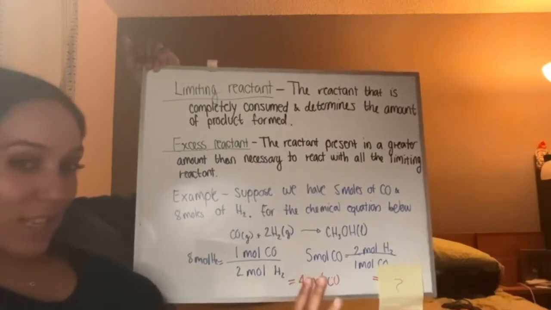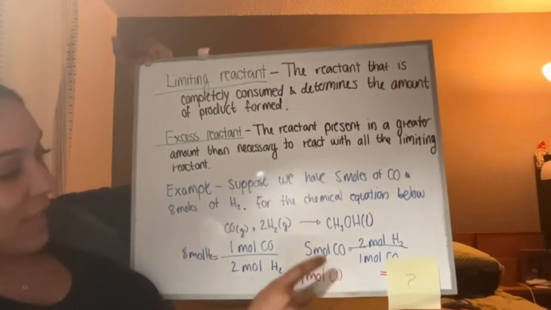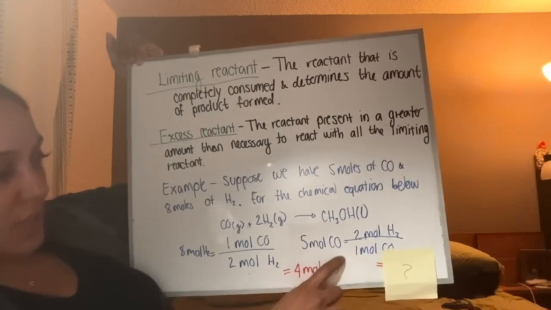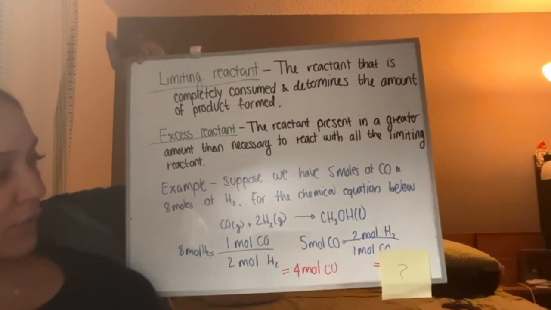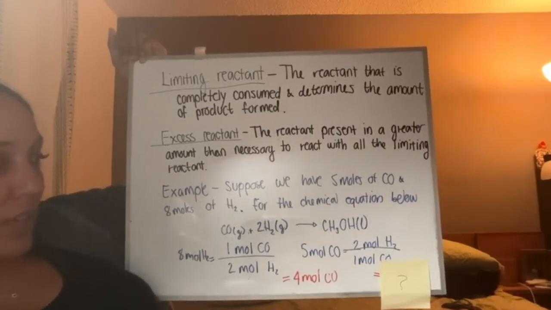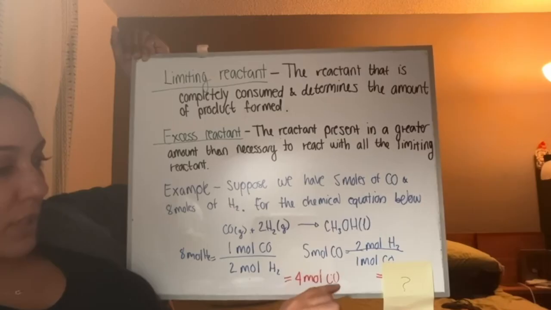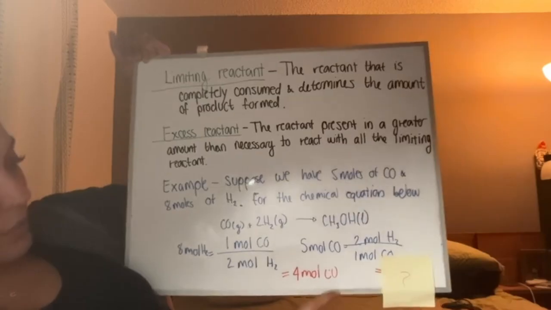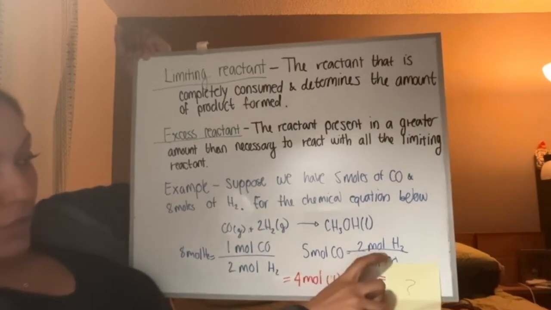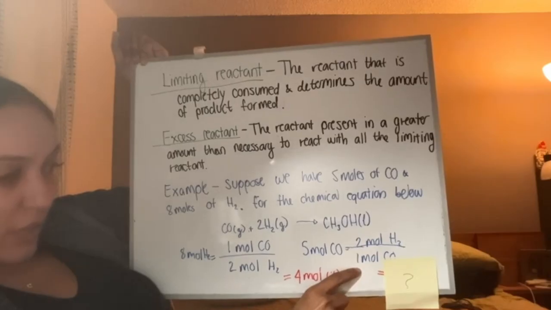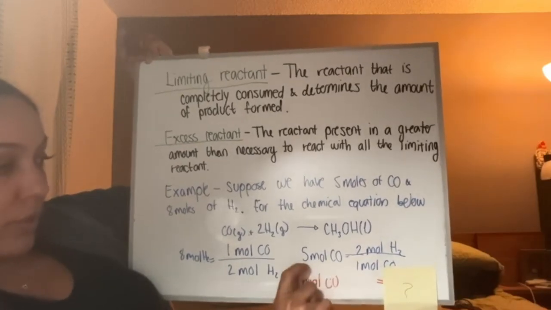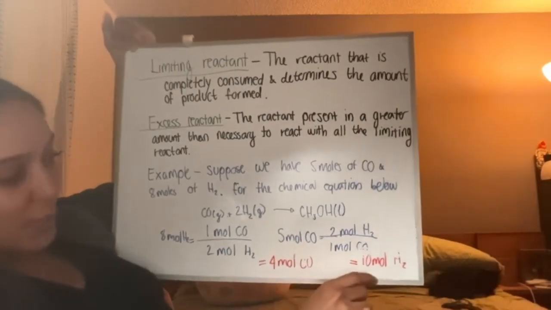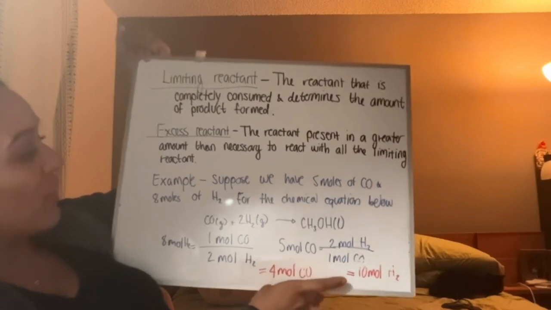So that already is kind of giving it away, but let's go ahead and look at our other one. We have 5 moles of CO. In this case, we want to figure out how much H2 we would need to consume all of the CO. So for every 2 moles of H2, we have 1 mole of CO, so it would be 5 times 2, giving me a need for 10 moles of H2 to consume all of that, which we do not have.